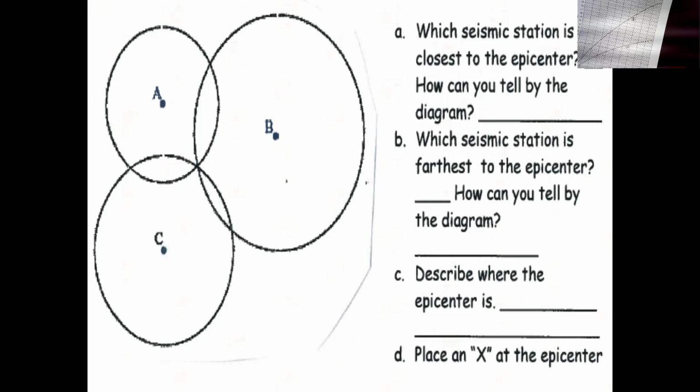Which one's closest? A. Now you guys did that pretty good, but how could you tell really quickly by looking at this? Yes, it's the smallest circle. So the smallest circle is the one that's going to be closest. So then which one's furthest away? B, which is the biggest.